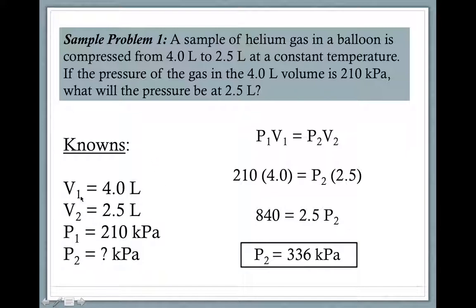Notice I have my initial volume, my second volume, and then when I read the second part, it says the pressure in the 4-liter is 210. So your number for the 4-liter needs to match your pressure. So 4 liters is V1, 210 has to be P1. And again, the units can be anything as long as they're the same. The volume's in the same unit, pressure's in the same unit, plug it into my equation, P1V1 equals P2V2, and then simply solve for P2.